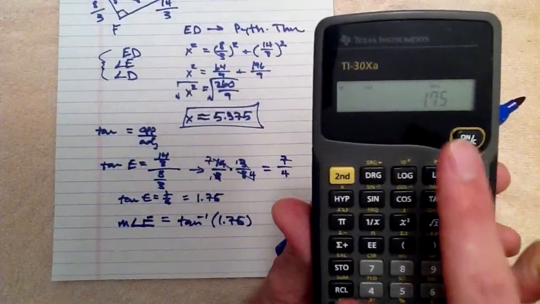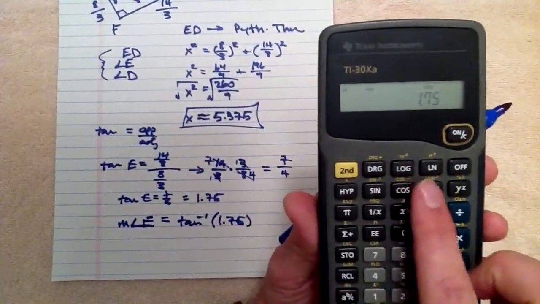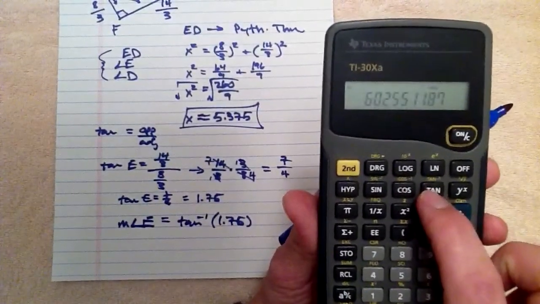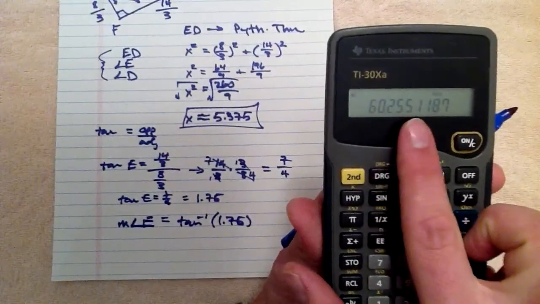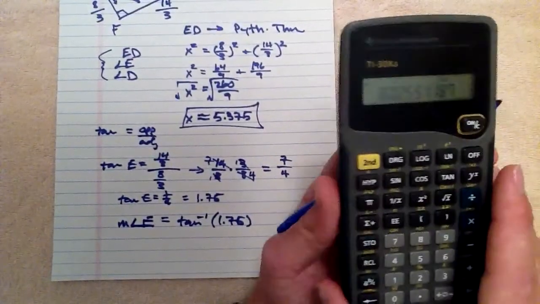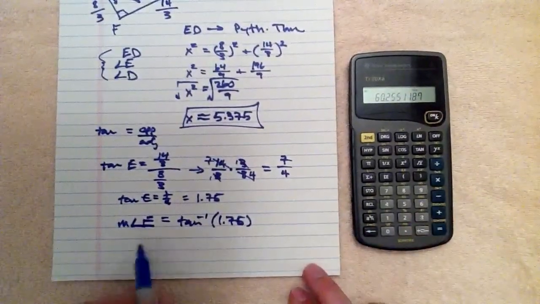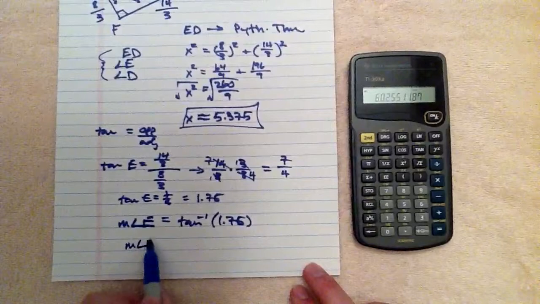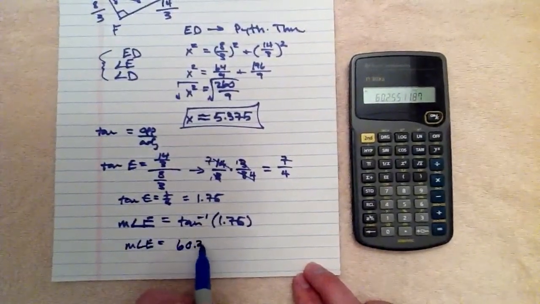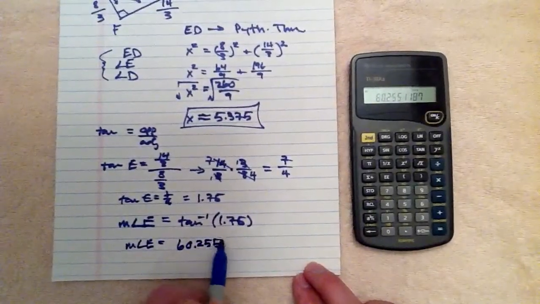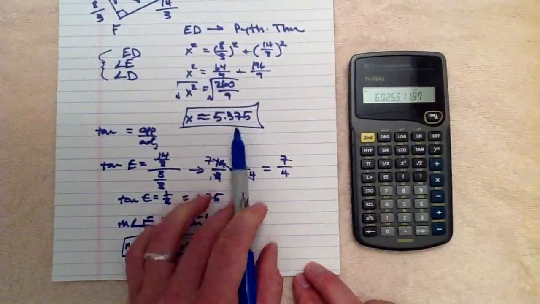So once you have your value, tangent is 1.75, you hit second and then the tangent button, that's taking the tangent inverse, and we're going to get the value 60.2551187, etc. as the measure of angle E. So we write that answer down. The measure of angle E is equal to 60.255 degrees.